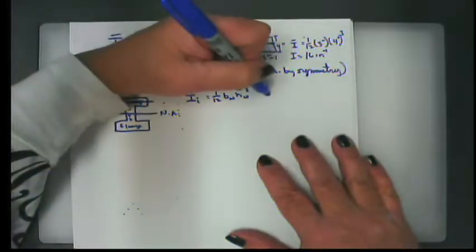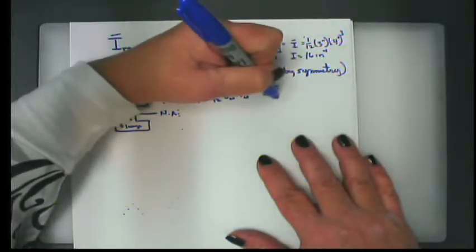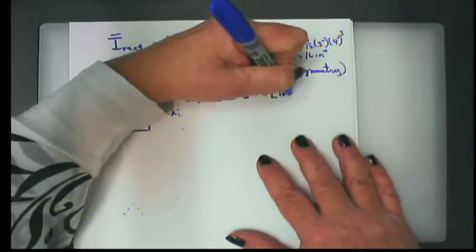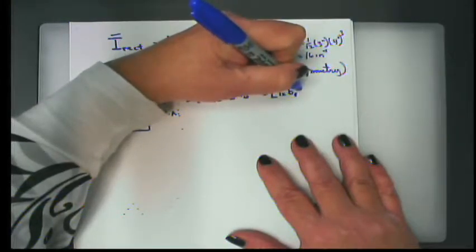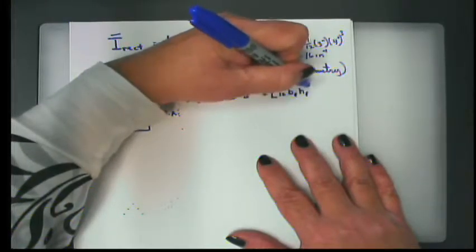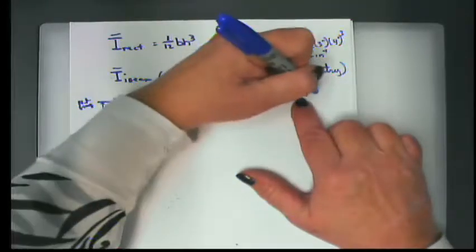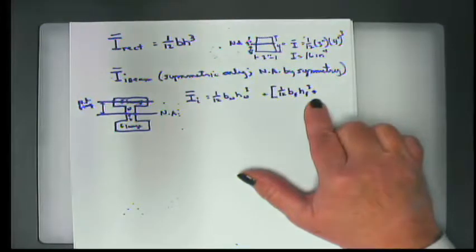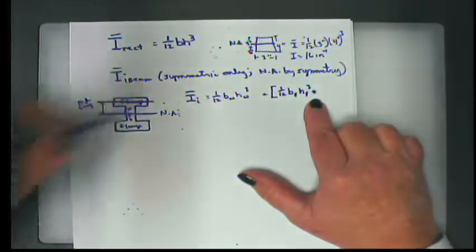So for one flange, we're going to take the centroidal moment of inertia of the flange and then add to it the moving term, which is AD squared.